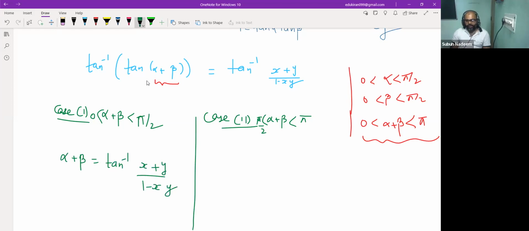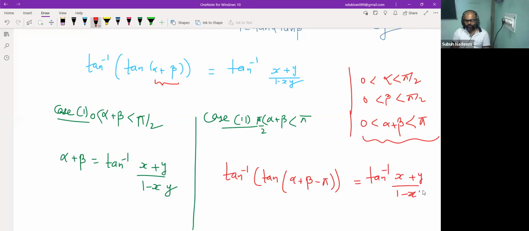And if it is between pi by 2 to pi, then we will write it first as tan inverse of tan, and alpha plus beta will be written as alpha plus beta minus pi is equal to tan inverse of x plus y by 1 minus xy.